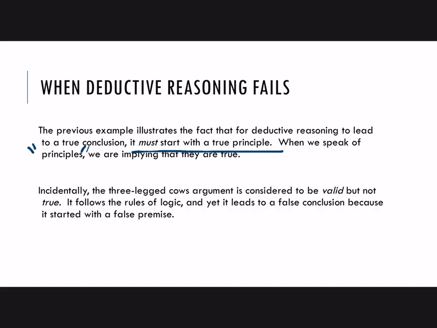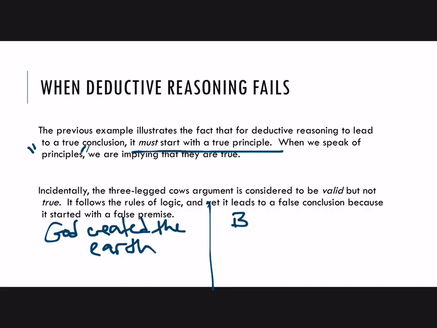A classic example of this would be the 2 different arguments that begin with 2 different statements. Either God created the earth in 7 days usually, or 6 days, rested on the 7th, or the evolutionary theory starting with the Big Bang and evolution as the origins of the universe.